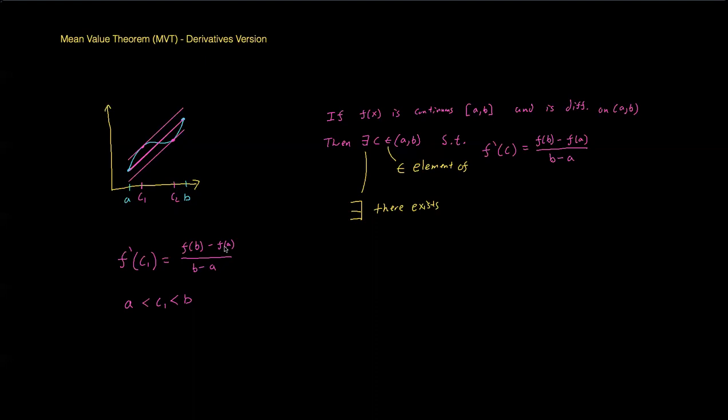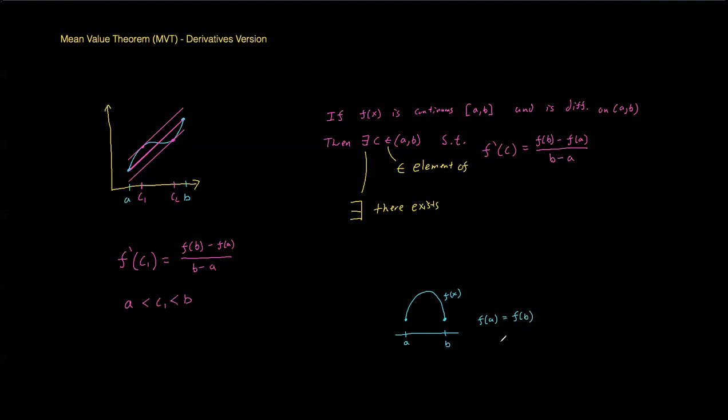A lot of times, the most applicable version of it is when you pull the f of a equal to f of b. So if you were to say, hey, what happens if I were to look at a function that kind of goes like this? And so if we're looking at this value over here, and this is a, and this is b, and this is your function f of x, then it's very apparent that f of a equals f of b.